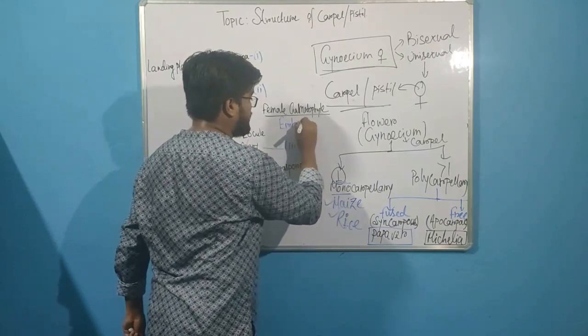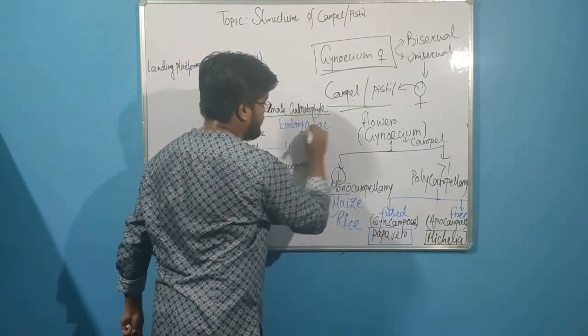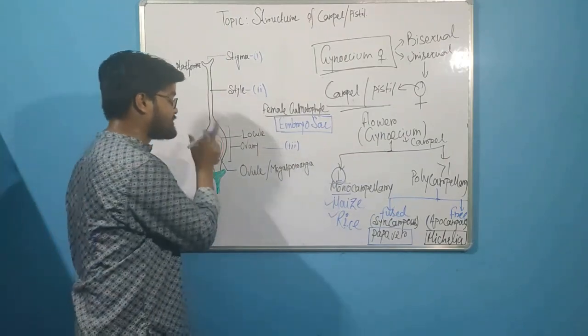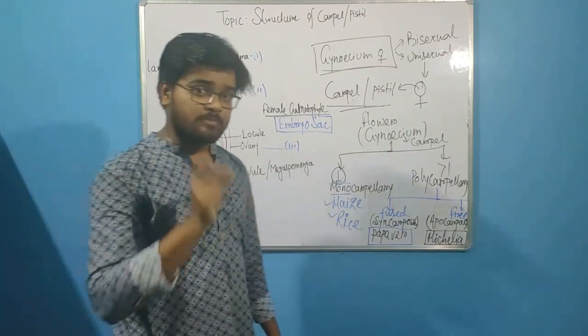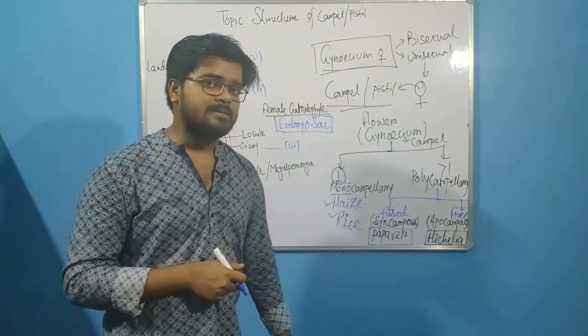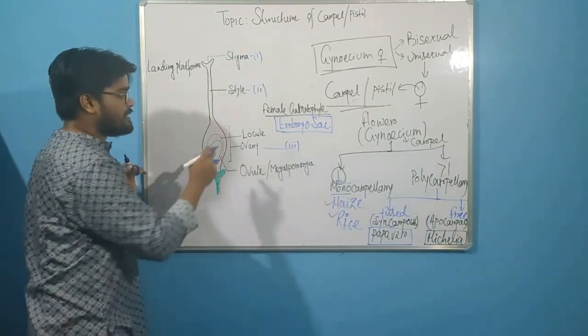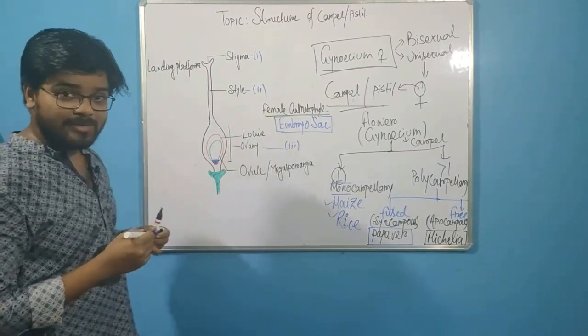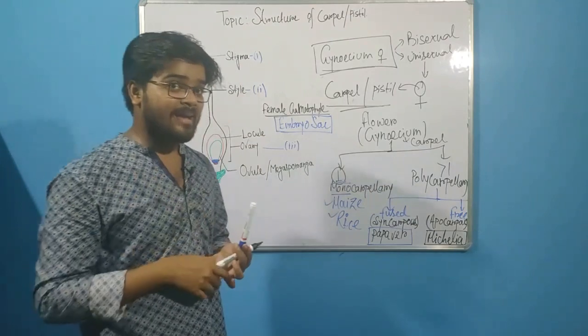We'll discuss the embryo sac later. Very important, don't write that the female gametophyte is the ovary. Sometimes it's asked in the question paper, and it is very often asked in the NEET examination. The female gametophyte means the embryo sac. Now can you tell me what the male gametophyte is?